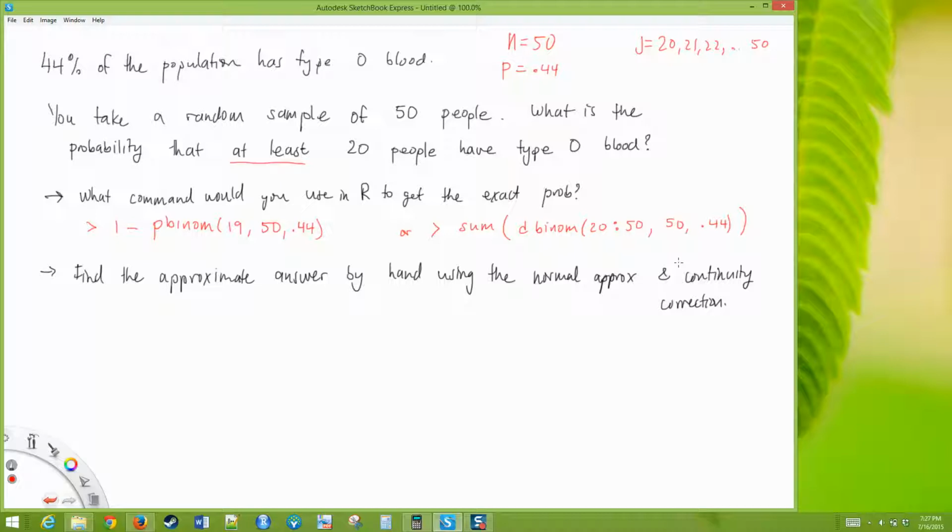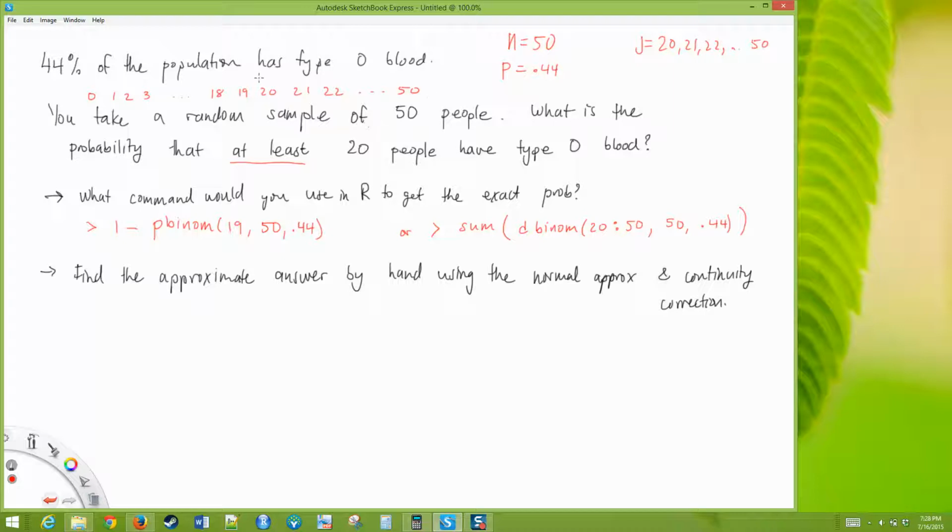Are there questions on this? Yes, go. Wait, why is it 19 instead of 20? Because we want our answer to go from 20 through 50, right? So if I list off all the numbers from 0 to 50, 0, 1, 2, 3, I would come up to 18, 19, 20, 21, 22, all the way up to 50.